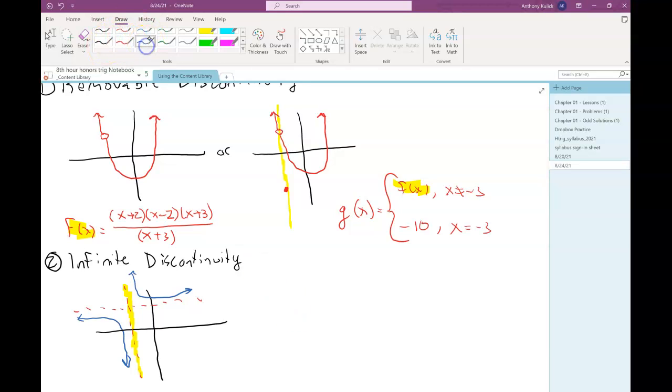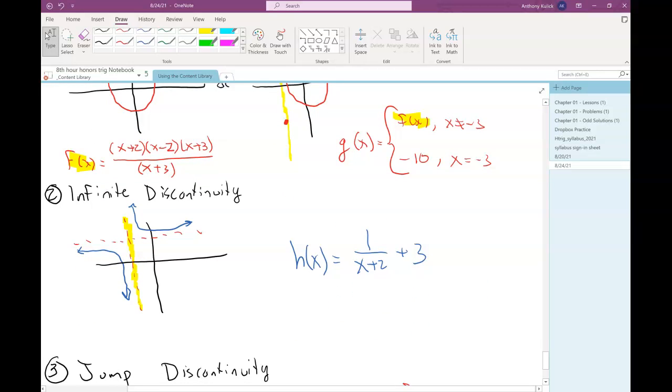For this one here, this could just be a simple rational function. So this could be like 1 over x plus 2 and then plus 3 or something. Remember, the vertical asymptote is tied to where the denominator is equal to 0. And the horizontal asymptote is tied to the plus 3 at the end for a simple rational function.